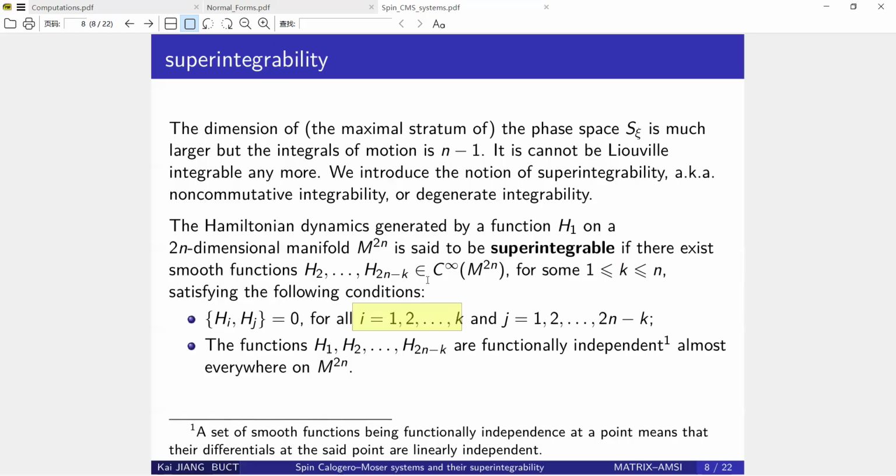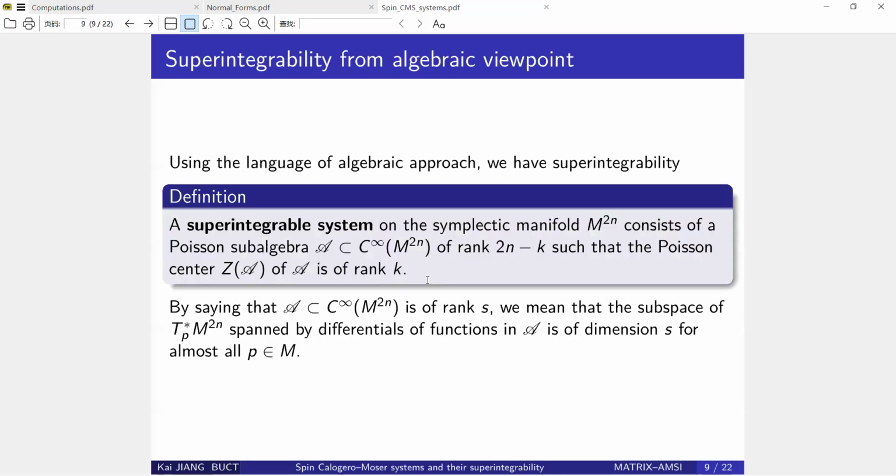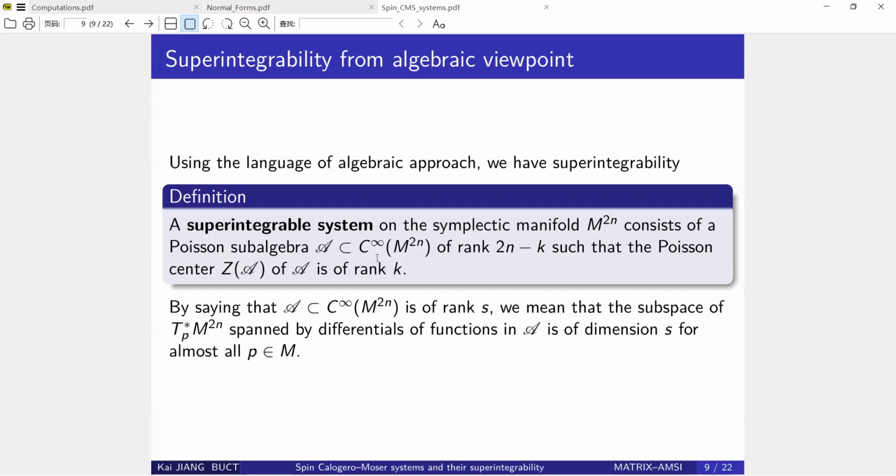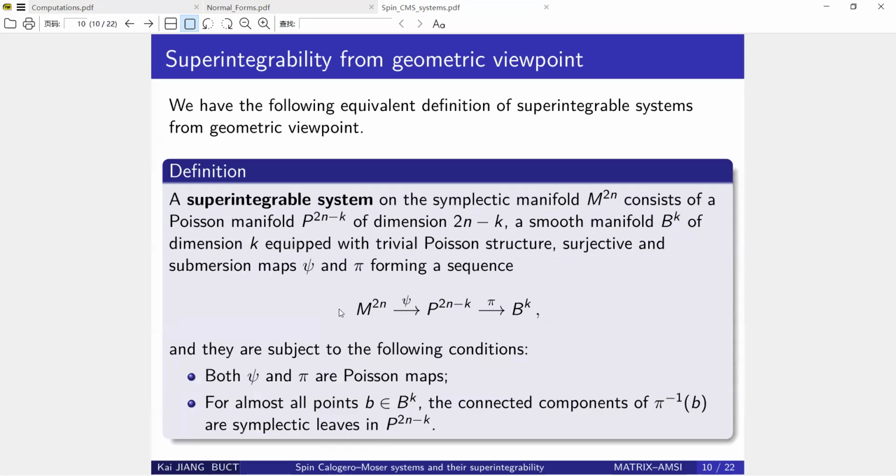We can compare the two definitions. So this is the algebraic approach. And still we have the geometric approach. Generally speaking, we leave M^2n here, but we take the spectrum of this algebra and the spectrum of its center, also an algebra. Here P is a Poisson manifold.